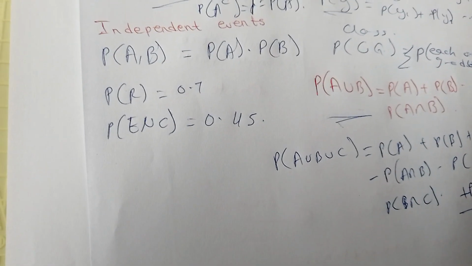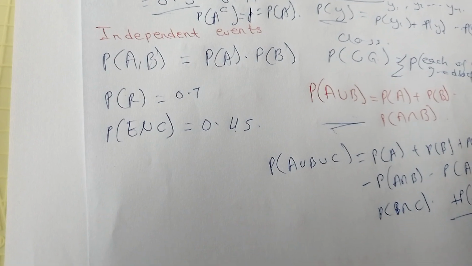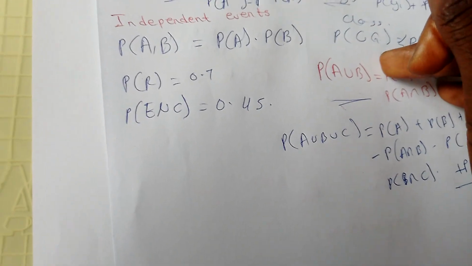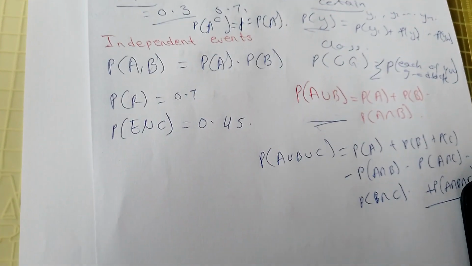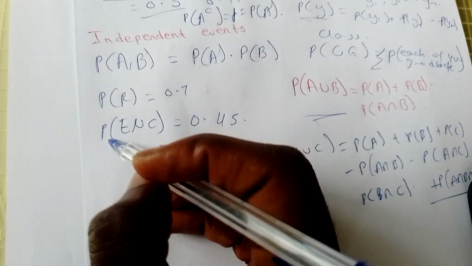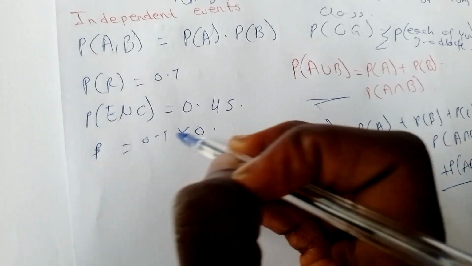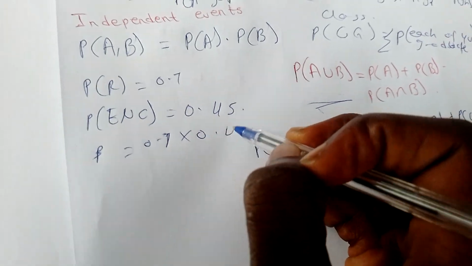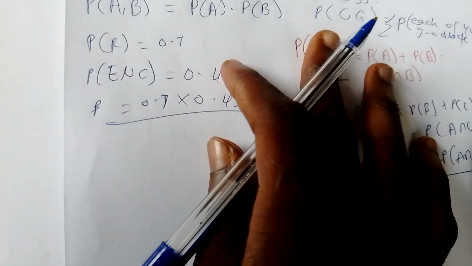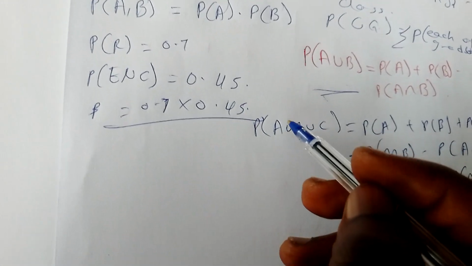Then if we want to calculate the probability that it will rain today in Ghana and Elon Musk buying a new company, it is their product. So we'll have 0.7 times 0.45. So yeah, that's just it.